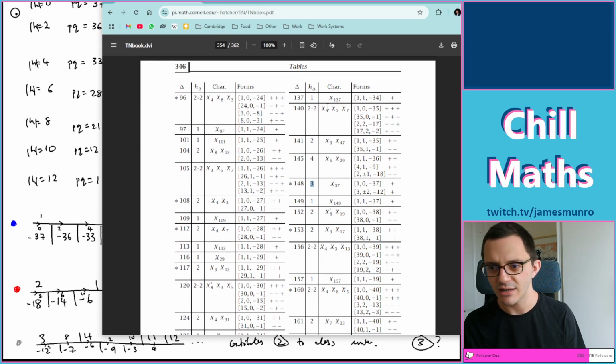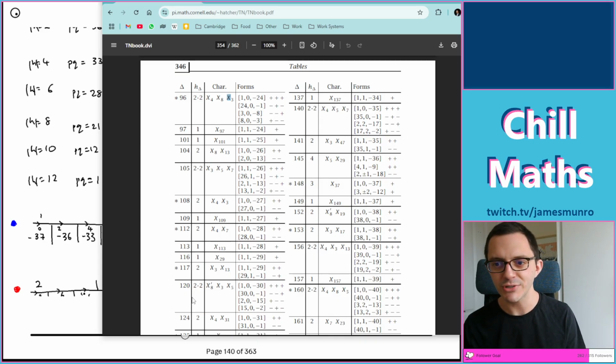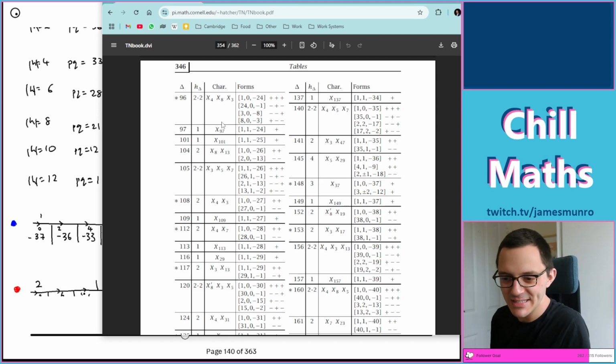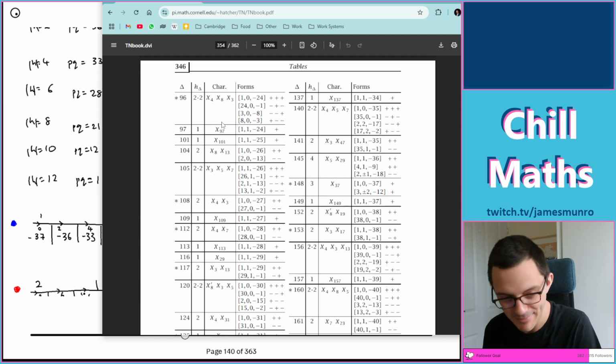Okay, I don't know what this character means. I think we're going to learn about that at some point in the next, checks notes, 200 pages, because this is on page 140, and this, looking at the back of the book, is page 350. So, in the next 200 pages, I expect to learn what those chi symbols mean. Maybe. Good, well, I'm pleased we got the right answer in the end.